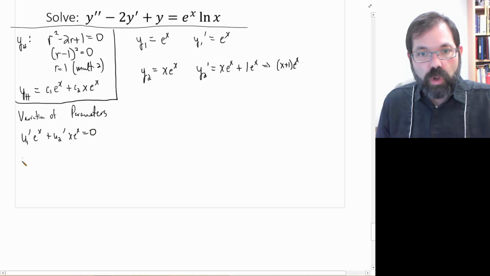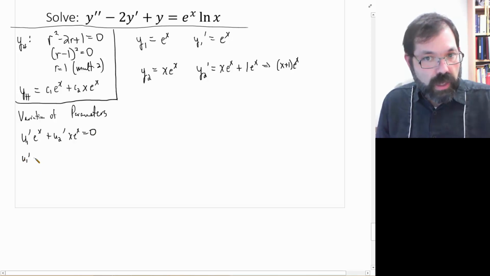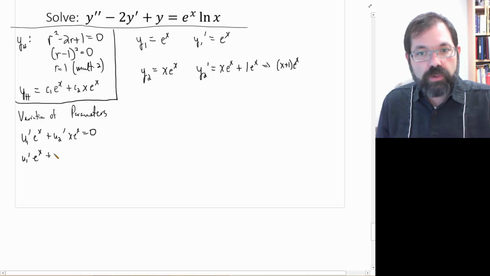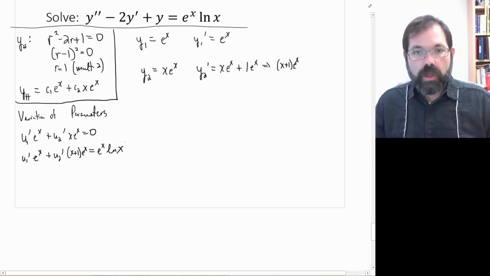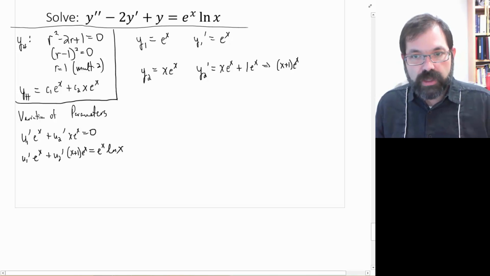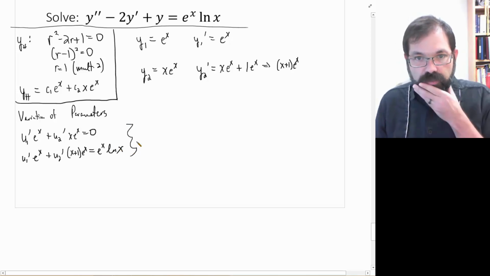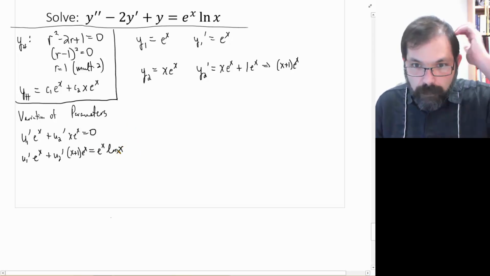And I have u1 prime, again, e to the x, because that's the y1 prime, plus u2 prime, and then I'll have the (x plus 1) e to the x. And this has got to equal e to the x natural log x. So there's the system of equations, and now let's see if we can do any solving with this.